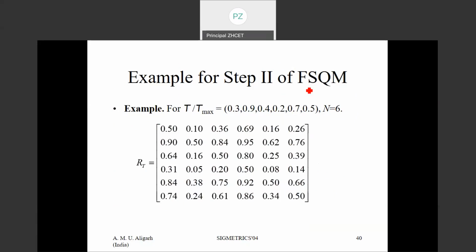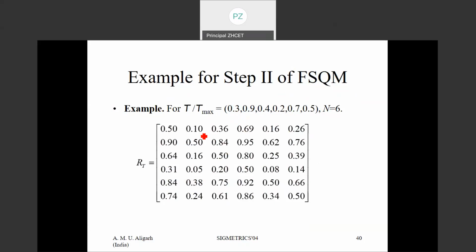So as an example for step 2, suppose my T by T max is 0.3, 0.9, which means document 1 was read 30% of the time that would have been required for reading it completely. Document 2 is read 90% of the time, then 40% of the time required, 20%, 70%, 50%. So simply by substituting, I can get for 1, 2: 0.3 upon 0.3 square plus 0.9 square.